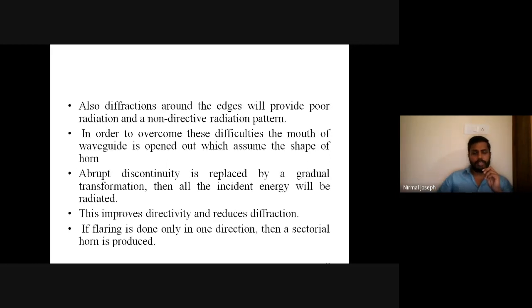Next point: the abrupt discontinuity is replaced by a gradual transformation. Then all the incident energy will be radiated. This improves directivity and reduces diffraction. That's the main thing, directivity is improving. If a waveguide is opened up like this, there is a directivity towards that direction, and if you open up like this, there is a directivity towards that direction.